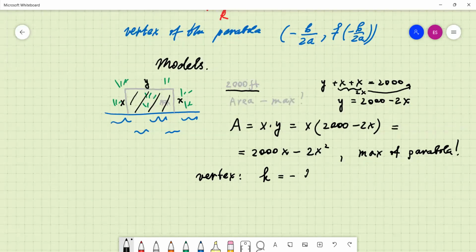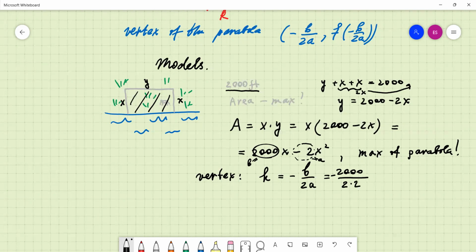Minus b over 2a. So what is my b here? b is the coefficient of x. It's 2,000. And what is my 2a? Coefficient of x squared is a. This is my a, and this is my b.